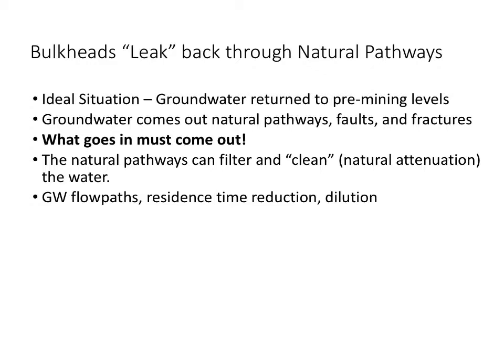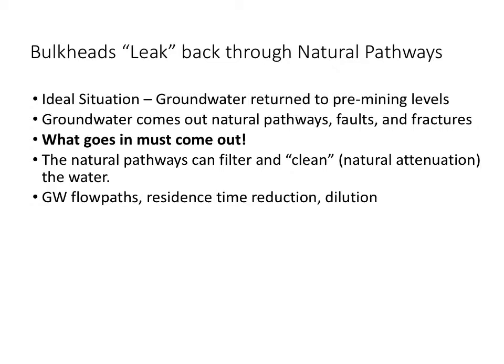So all water that came into the mountain came out in 1860 before anybody put a hole in the mountain. So understanding where those pathways are, what they were historically, is one of the challenges we're working on understanding as a holistic conceptual model of the groundwater.